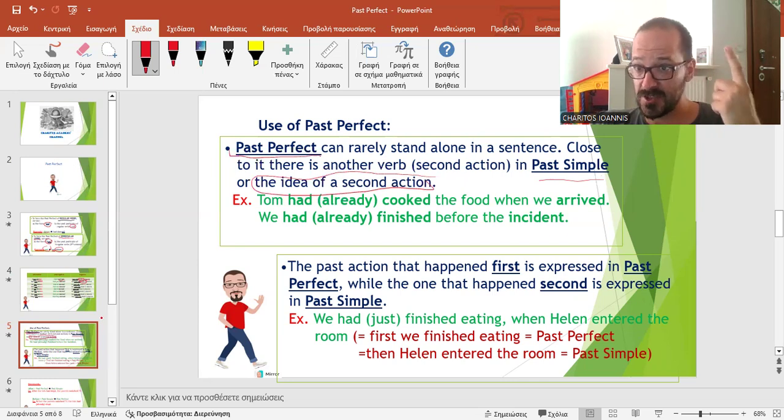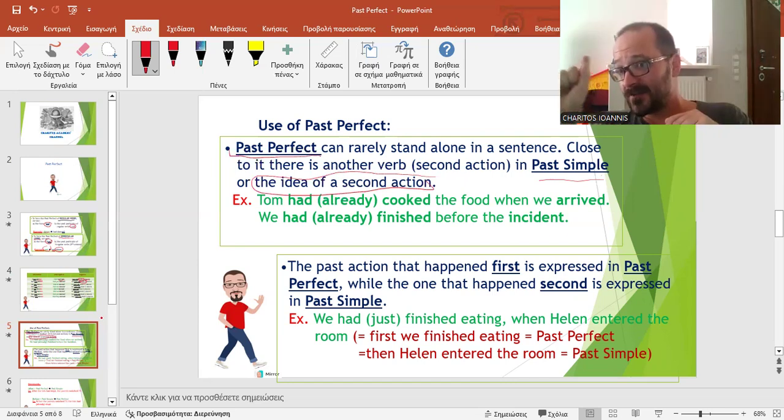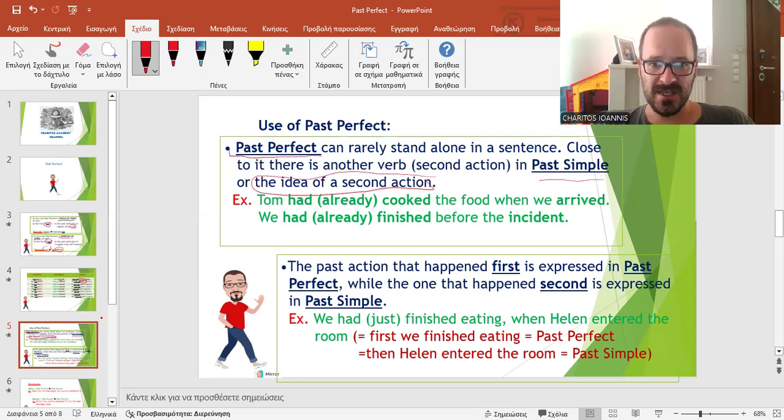The action that happened first, not the first in the sentence, is expressed in past perfect, and the other that followed, the second action, in past simple. Let's check the examples. Tom had already cooked the food when we arrived. So first he cooked, action one in past perfect, had cooked. Then we arrived, action two in past simple.